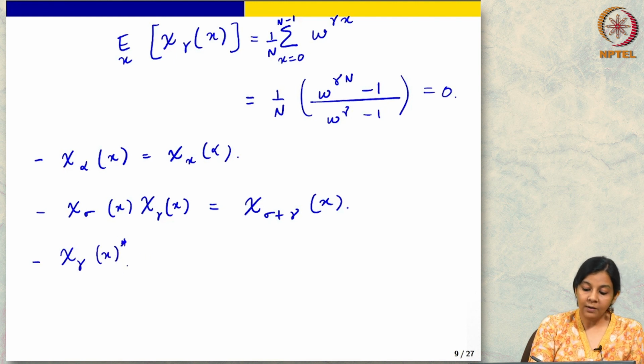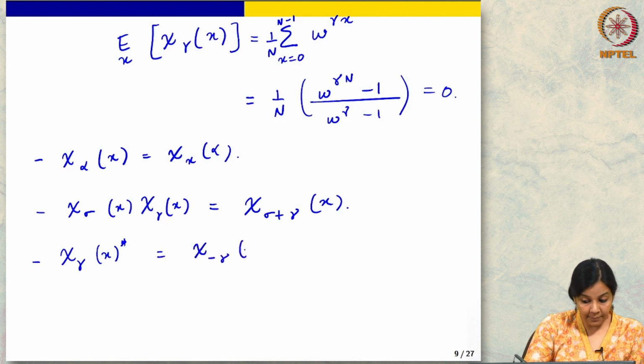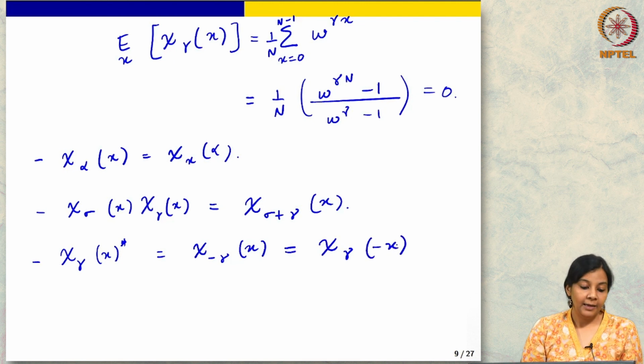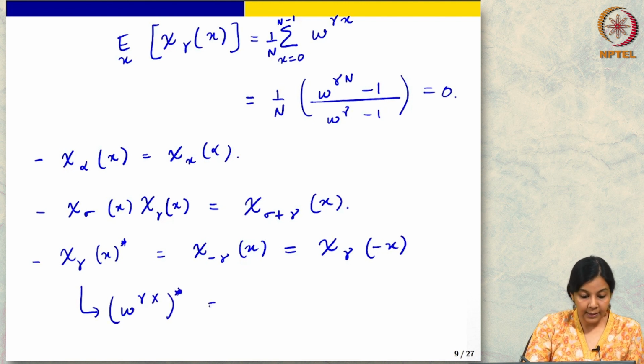Okay. So what is the conjugate of chi gamma of x? This is equal to chi minus gamma of x, I claim, which is the same as chi gamma of minus x. Can you tell me why this is true? So chi gamma of x conjugate is what? It is omega to the gamma x, the whole conjugate, which is nothing but omega to the minus gamma x.